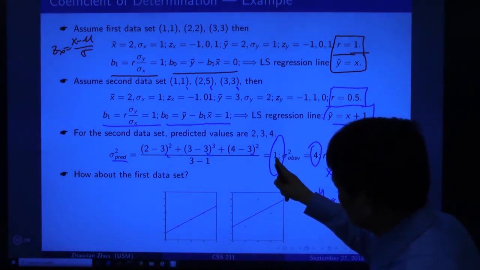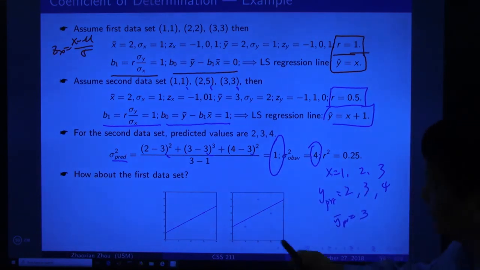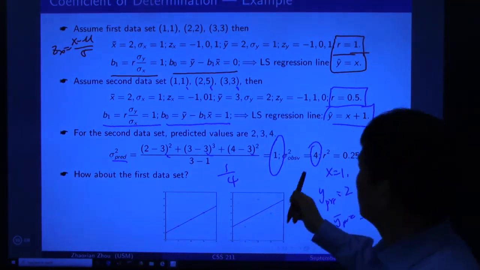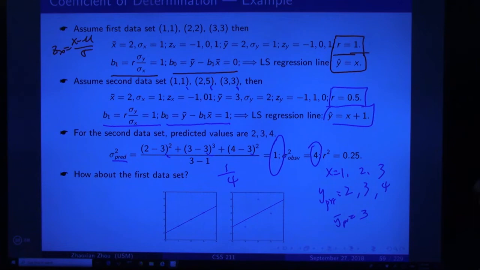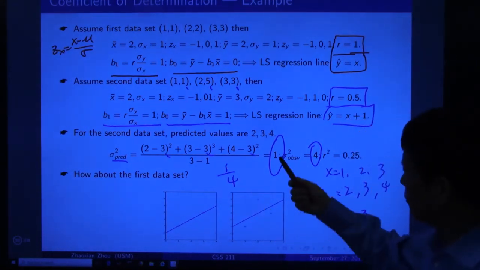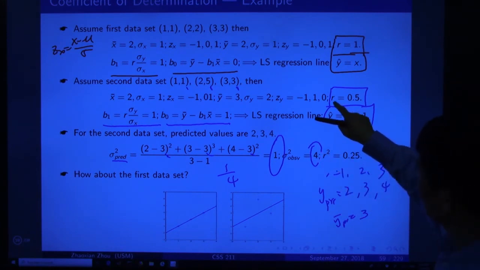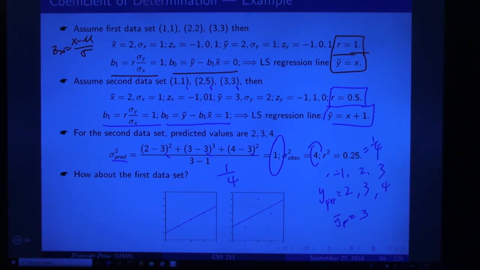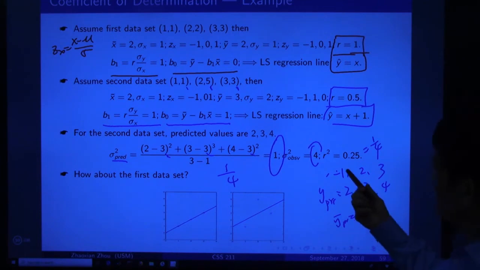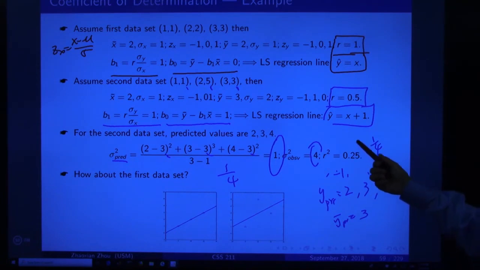The variance of x only explains 1 over 4 of the variance of the observed. How do we get this 1 over 4? That is exactly equal to r squared. r equals 0.5, and 0.5 squared equals 1/4.